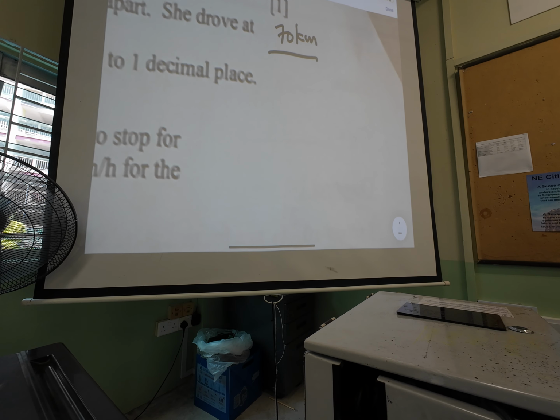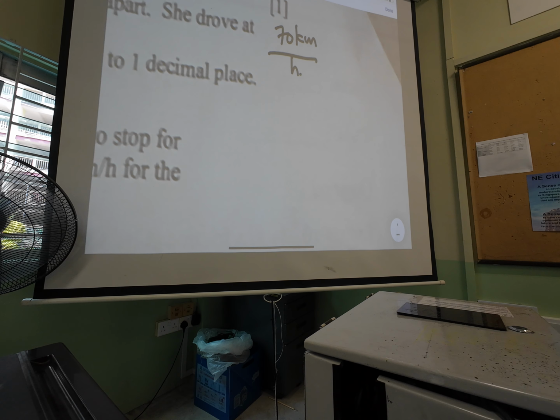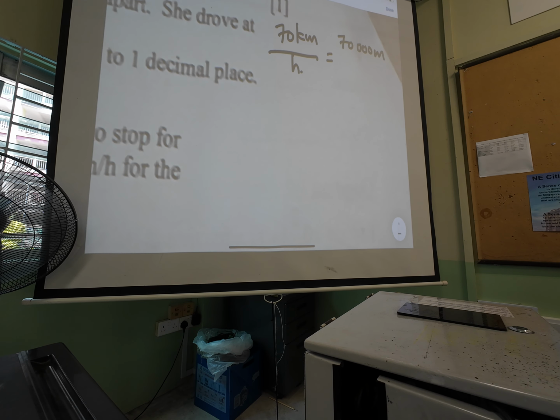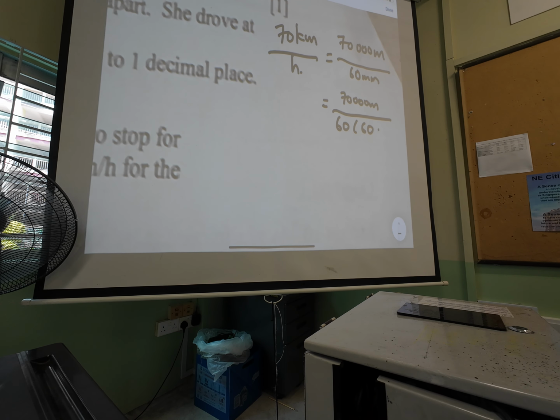70 kilometer per hour. Every kilometer is 1000 meter. 70 times 1000 meter. Every hour is 60 minutes. Every minute is 60 seconds.